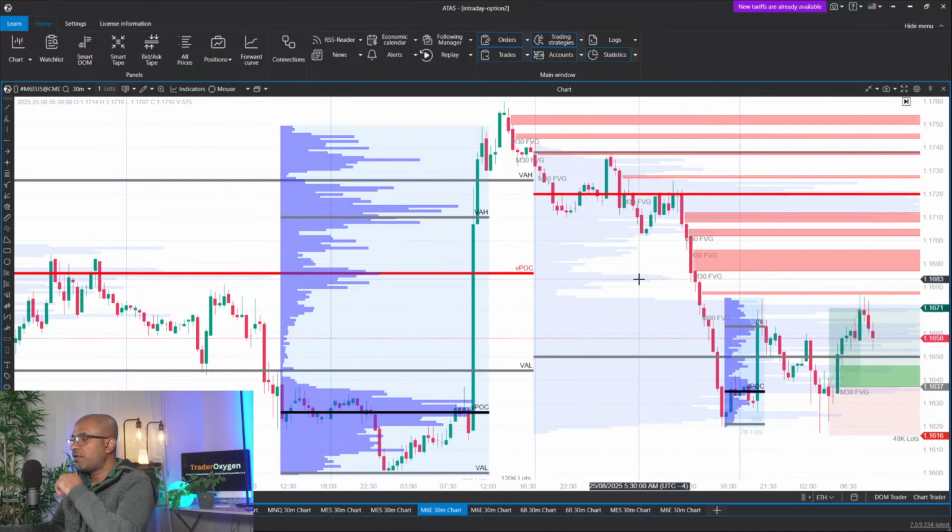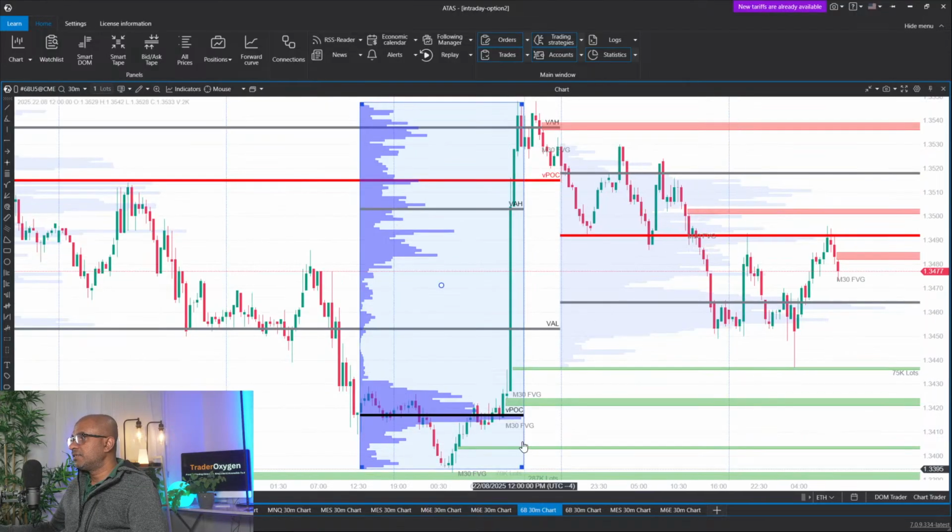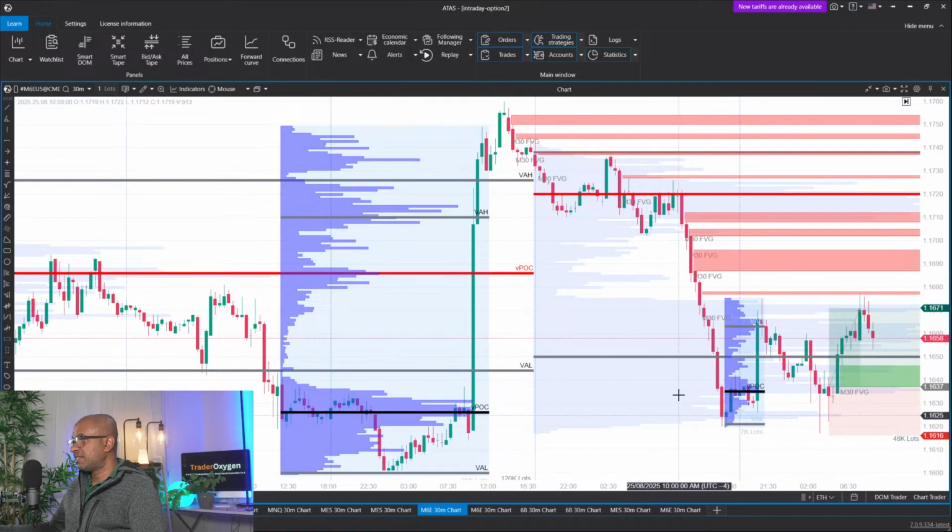So this is the Euro FX futures chart. By the time, we had a look at the GBP FX futures chart as well, but we chose the Euro FX futures because the price was reaching this high volume profile over here.